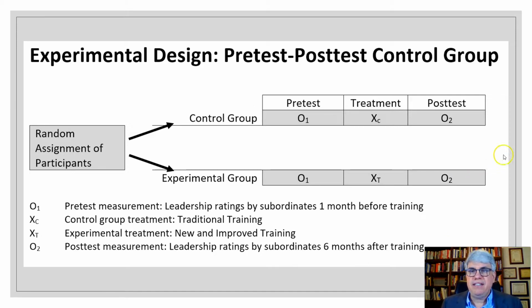Now this has the advantage that we can look at each participant's before score and after score of their subordinates. So somebody who said, oh, my supervisor was a 6 here, maybe he's a 6.5 here, and we can look at the difference, and we can check the average of the differences rather than just the averages.